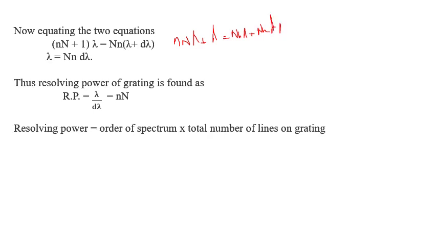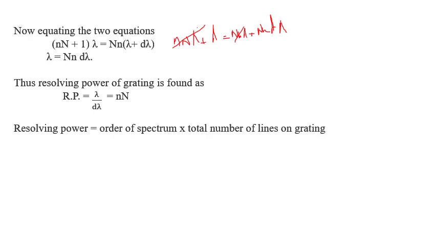So you can see here that nN lambda and nN lambda are common, so these cancel out. So what we get is lambda is equal to capital N multiplied by n d lambda.